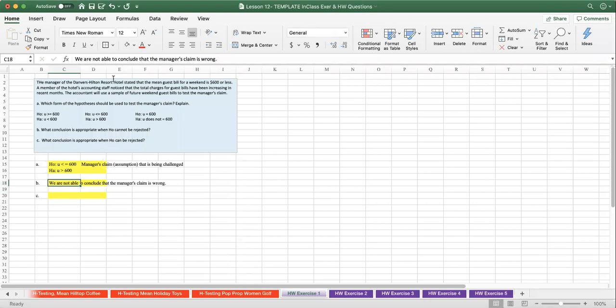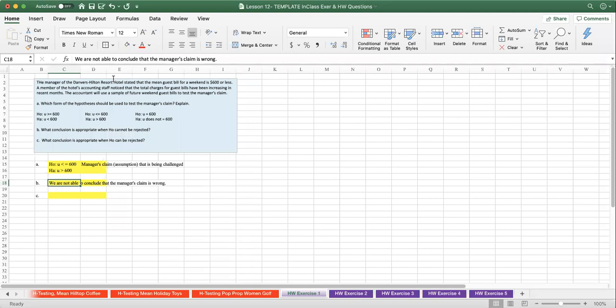We never say we can accept the null hypothesis. The reason for that slight change in phrasing is so that we can avoid making that type 2 error.